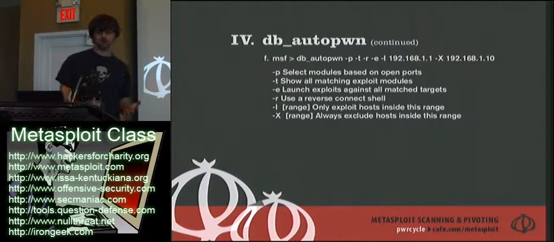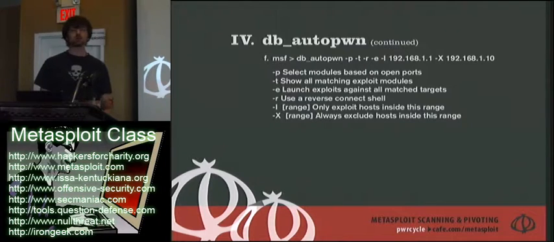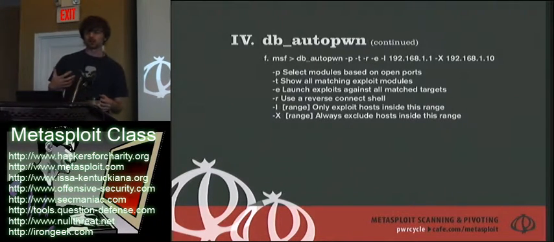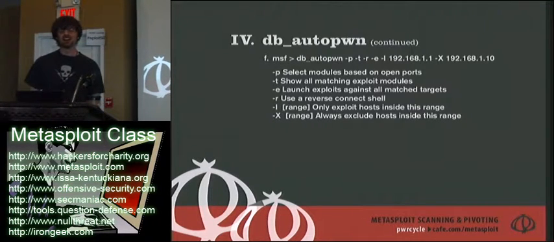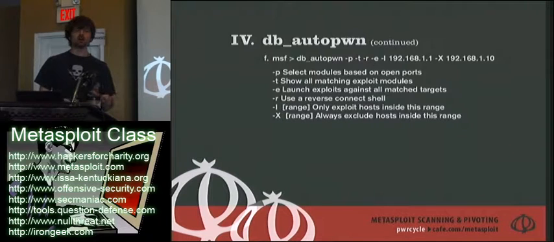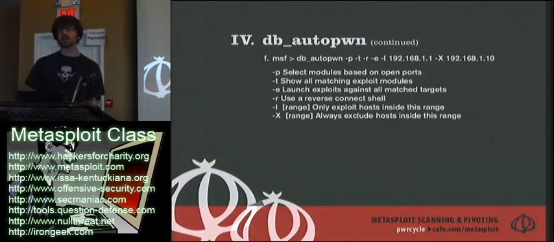Also, I want to mention here, db_autopwn is not really the best way for Metasploit to pop a box. It's much better if you know a specific vulnerability on the server you're running against. It's much less obvious and much more sneaky to just run a single exploit and get in.